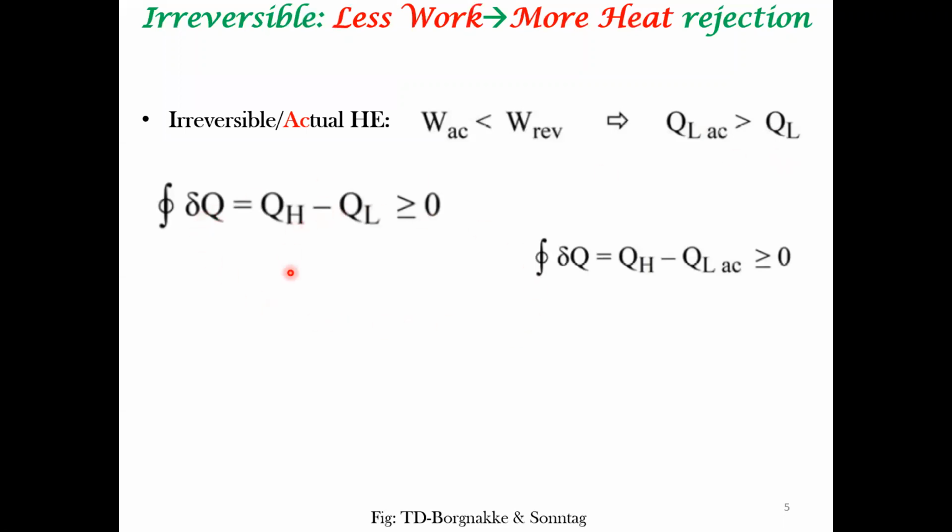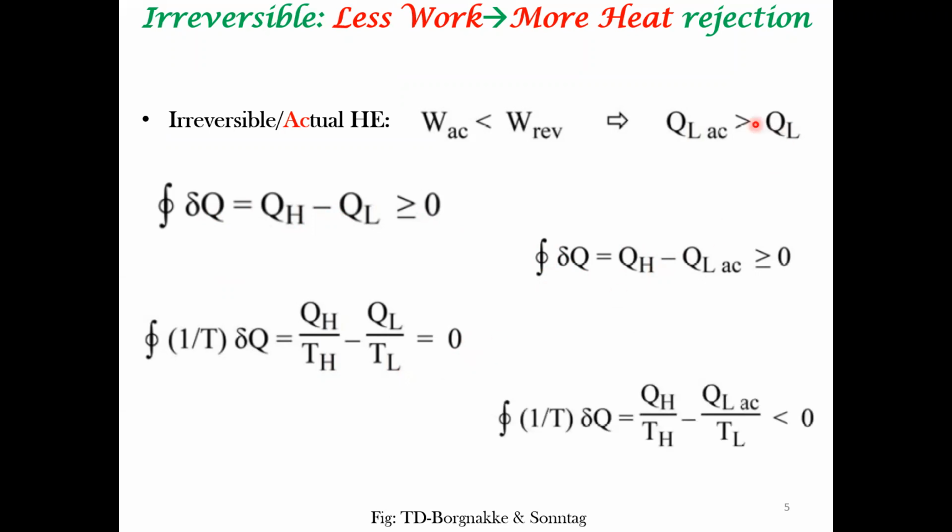So this remains true for both a reversible heat engine and an actual heat engine. What is different about an actual heat engine is that these 2 add up to 0 for a reversible heat engine. We saw why in the previous lectures.